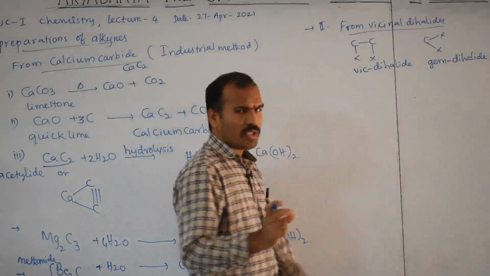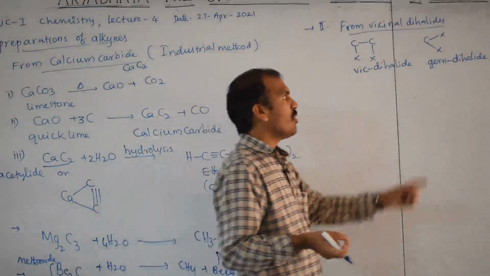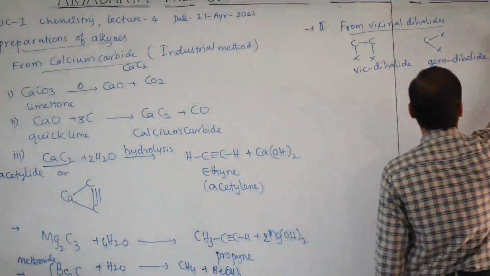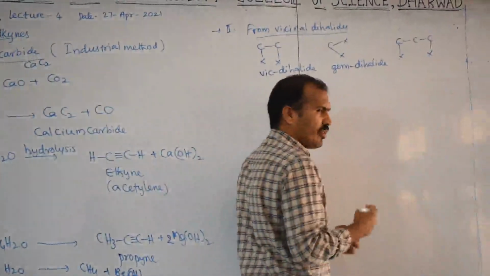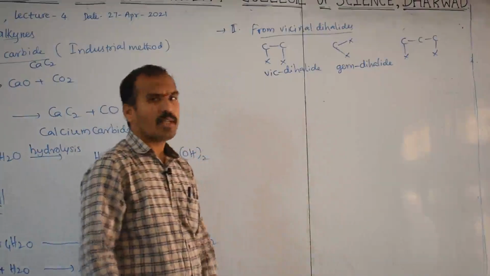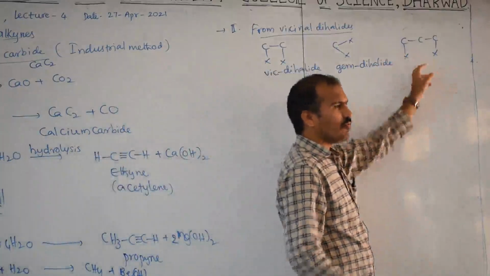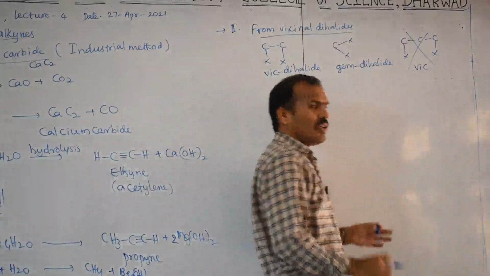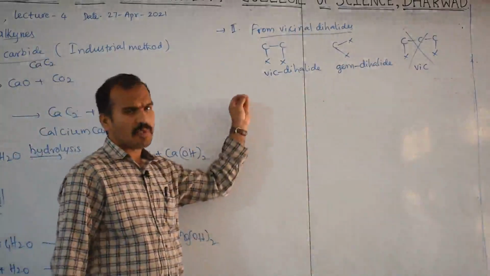Vicinal means adjacent, geminal means twins, both are bonded to the same carbon. But this is not vicinal, these are not adjacent. In between, one more carbon is there. It looks like the adjacent type but is not adjacent, therefore this is not a vicinal dihalide. Adjacent is compulsory, then only it is called vicinal.